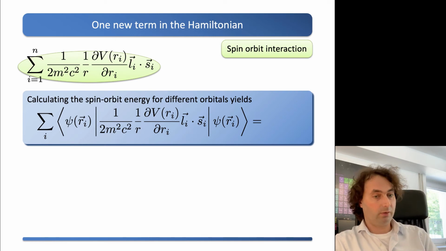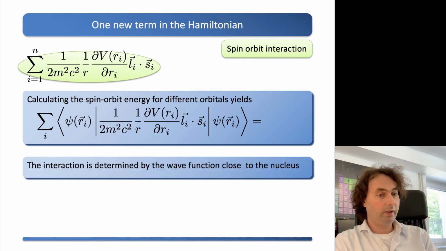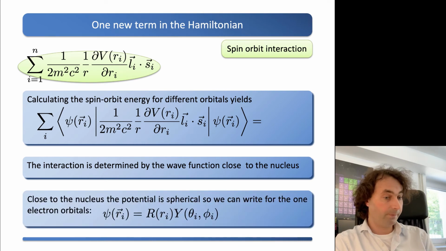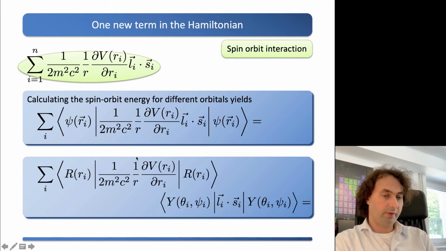As we have spherical symmetry locally, we can calculate this interaction by separating a wave function into a spherical and the angular terms. And this interaction is totally determined by the wave function close to the nucleus. And there we can separate the wave function in a wave function depending on r and a wave function on theta and phi, such that the interaction now separates into an interaction of the radial wave functions and the angular wave functions.